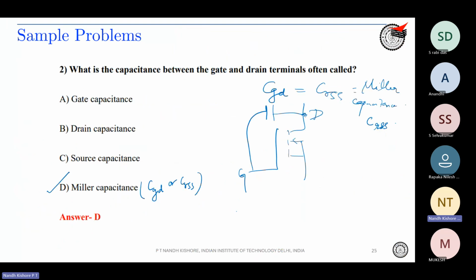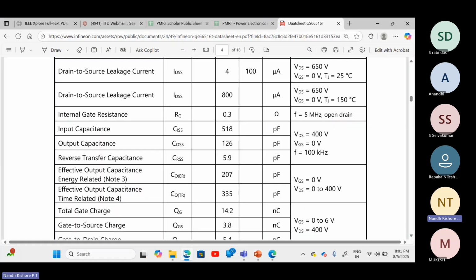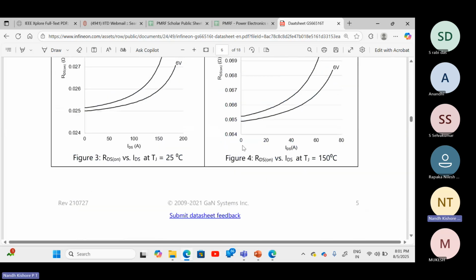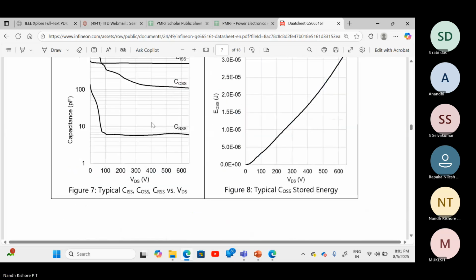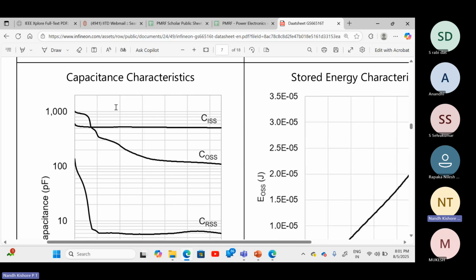I just told you that the capacitance varies with voltage. You see over here, 518 is at VDS of 400 volts. 126 picofarad at 400 volts. 5.9 picofarad at 400 volts. Over here, the capacitance characteristic is shown in the data sheet, that is how CISS, COSS, CRSS are going to vary with voltage.